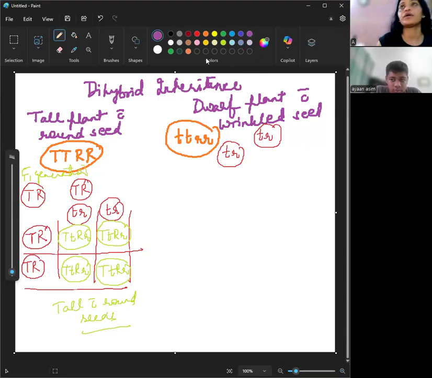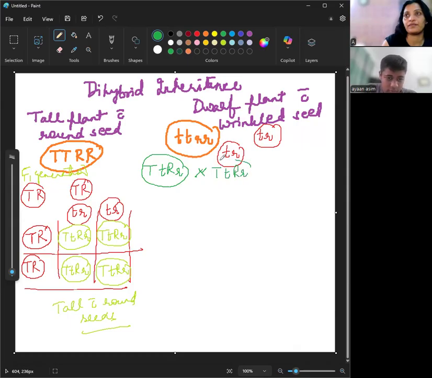Now comes your F2 generation, which means I have to self-pollinate these two organisms. Is that clear? Now see the kind of gametes which are being formed.